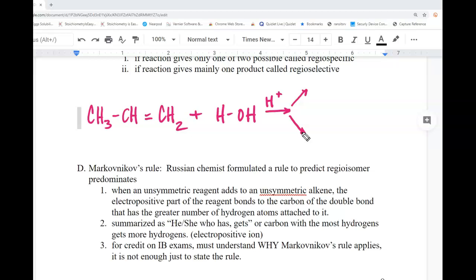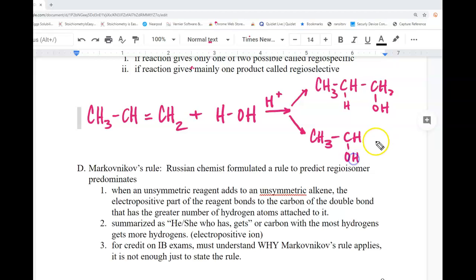The two possible products would come out to CH3, CH with an H here and a CH2 that now has the OH attached to it. The other way this might come out is that we would end up with a CH3 bonded to a CH that has the OH attached to it, and then that's bonded to the CH2, which becomes the CH3 when we have the H on it.